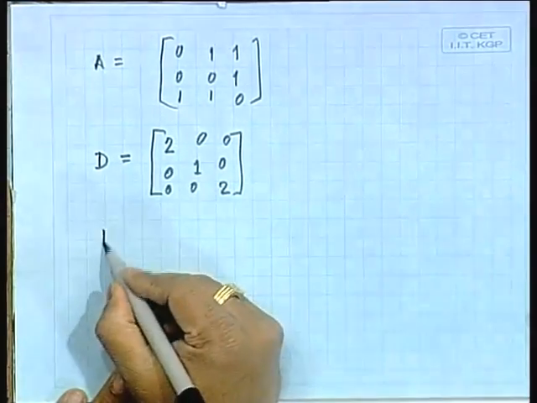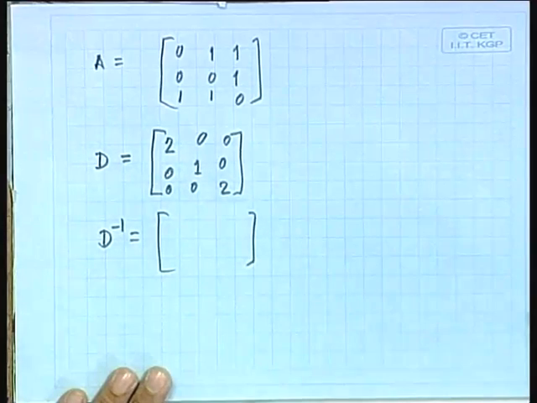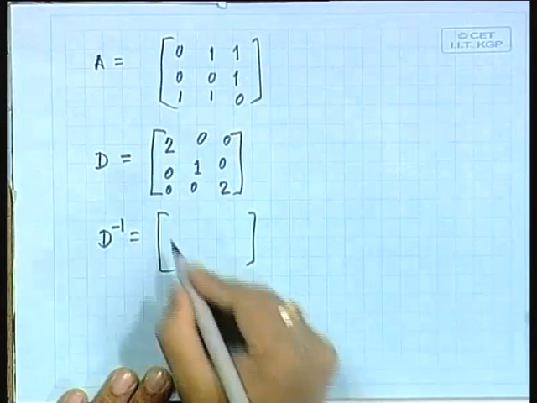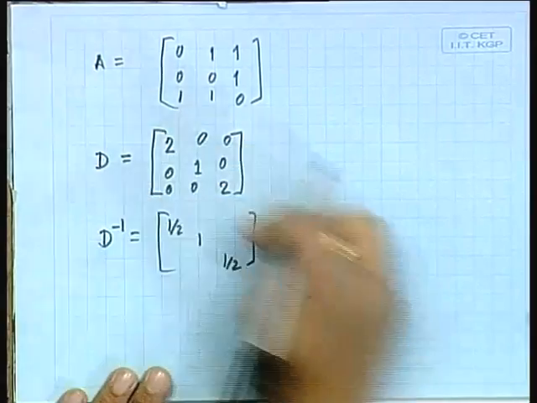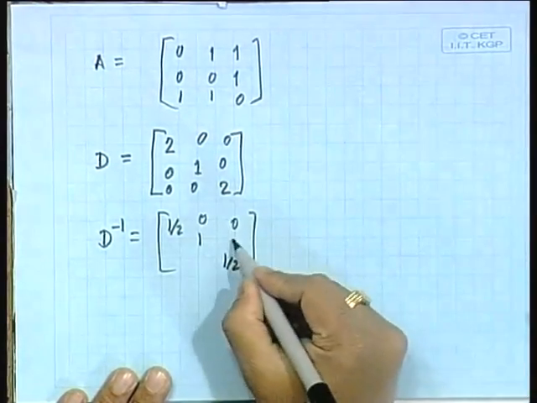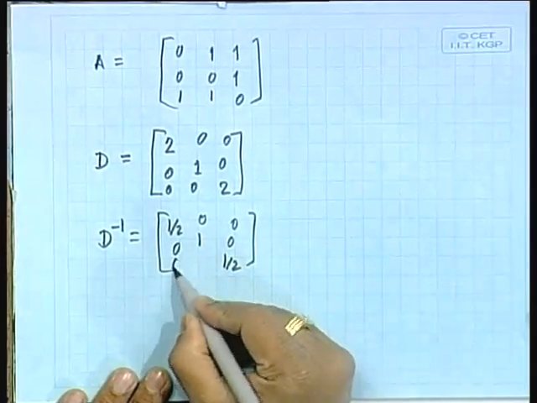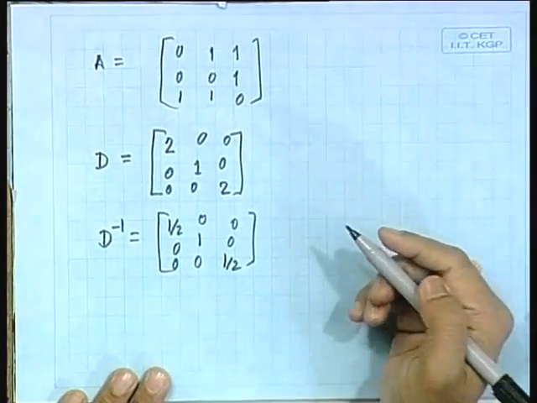And what is then D inverse? Actually, D inverse is very easy to compute for diagonal matrices. You replace the diagonal entries by their reciprocals, 1 by the diagonal entries.